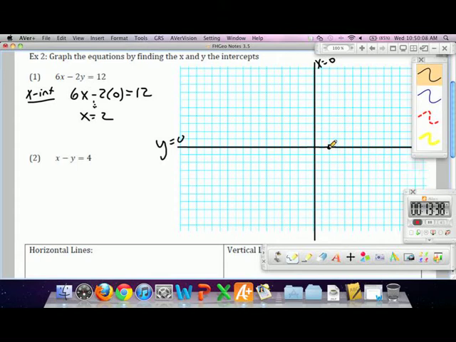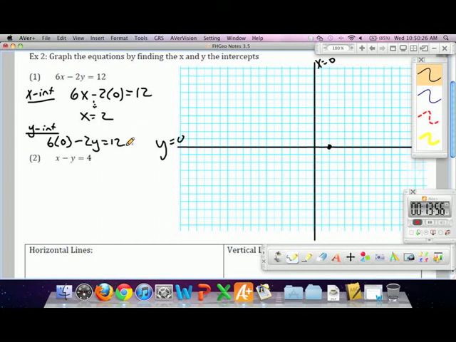Let's repeat with the y-intercept. It crosses the y-axis when x is 0. So let's put 0 in for x and solve. y is -6.